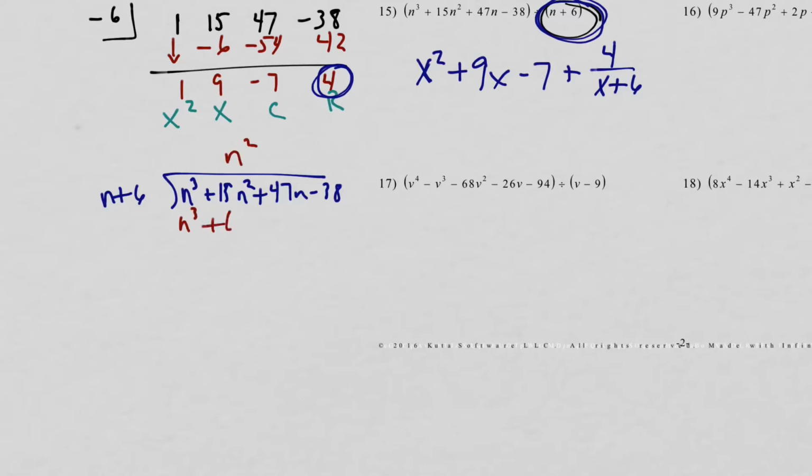So that would have been 6n squared. Those cancel out. We would add, we would wind up with 21n squared. And something is off here.